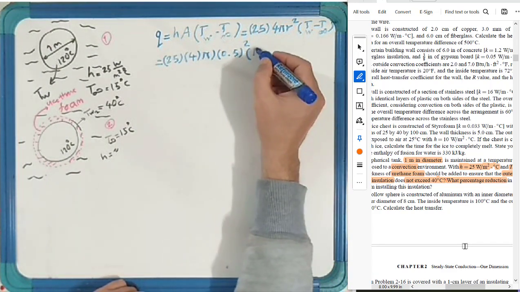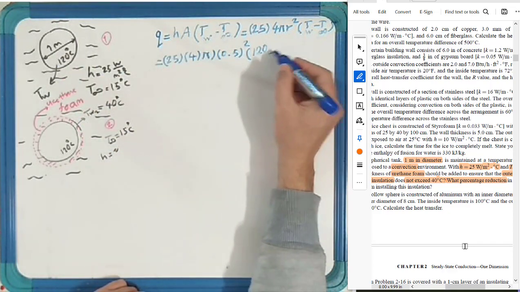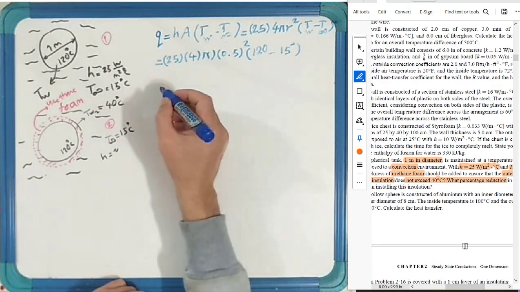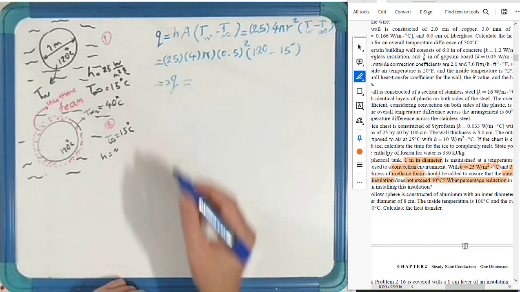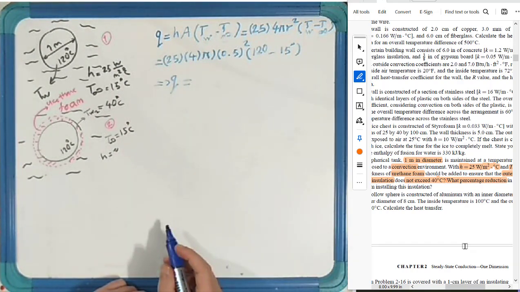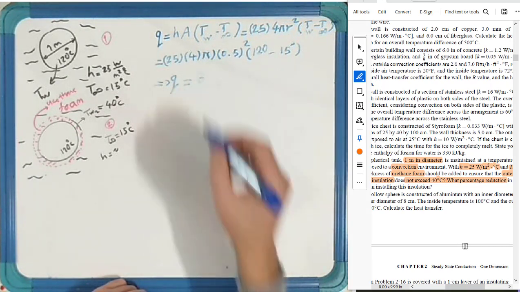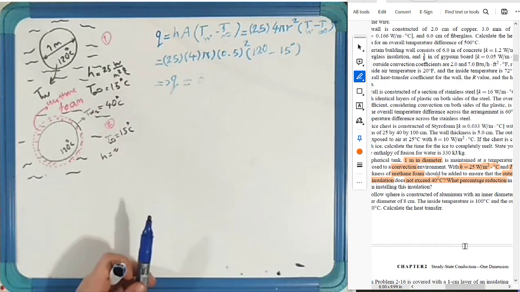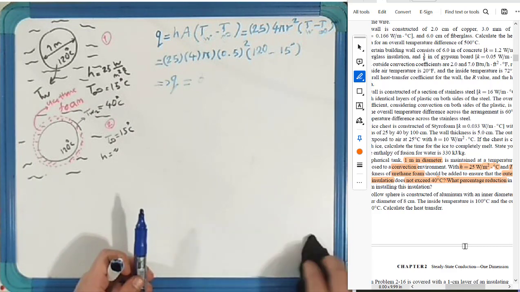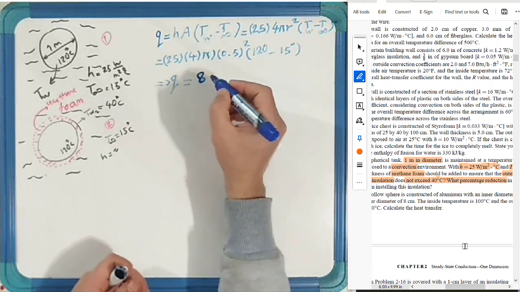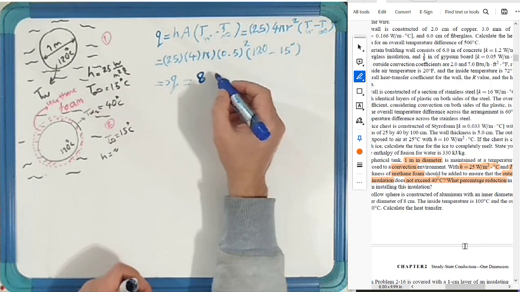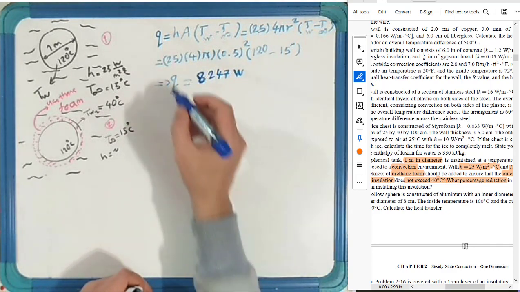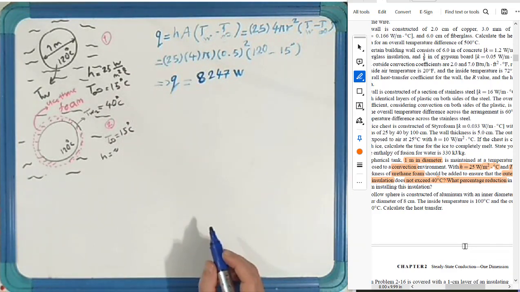Then T wall is 120, and the infinity temperature is 15. Then Q would be 8,247 watts. Okay, this is the value of Q.